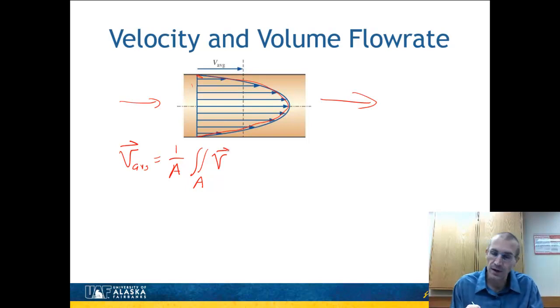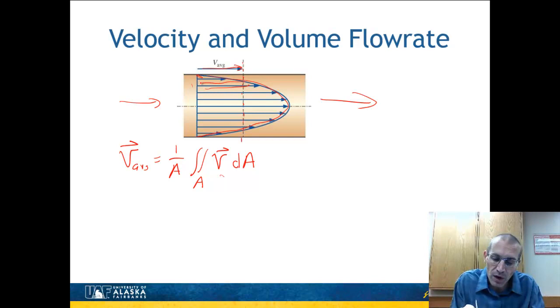The local velocity I'm integrating is each one of these arrows, integrated over a differential part of the area. Then if I divide by the area, I end up with an average velocity, a number that's independent of the area. It's got one magnitude.